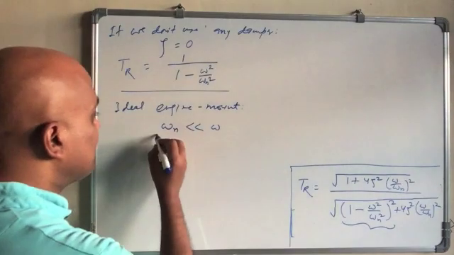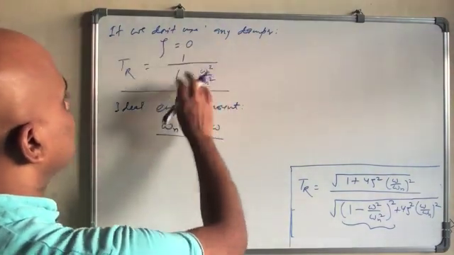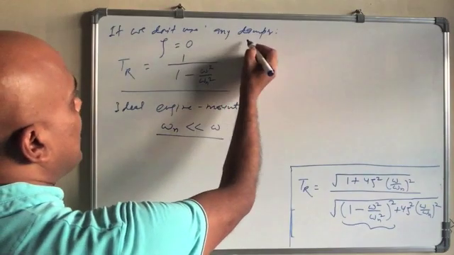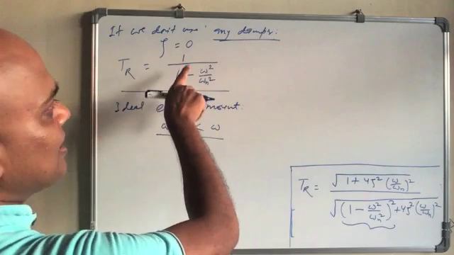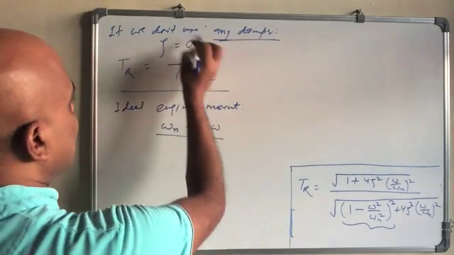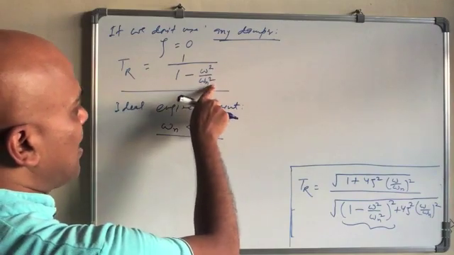Yeah? And this you can see in the undamped oscillation case as well. So in the undamped case, you get 1 over 1 minus omega square divided by omega n square.